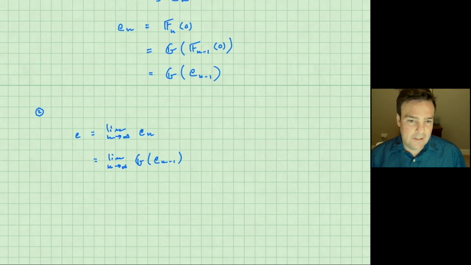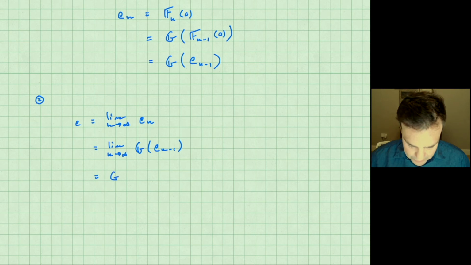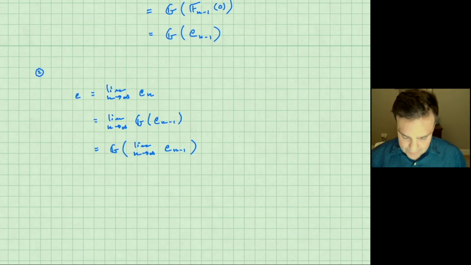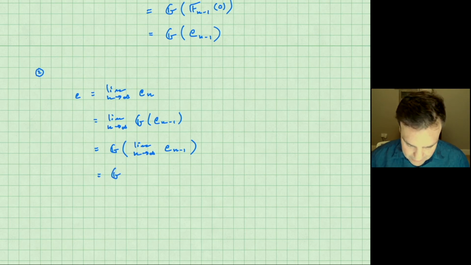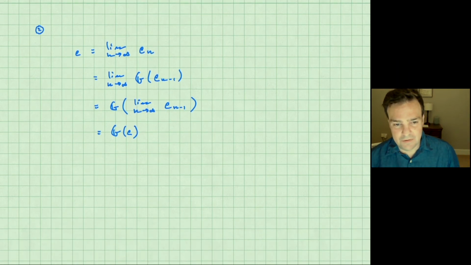Now, because g is a continuous function, this is the same thing as g evaluated at the limit as n goes to infinity of e sub n minus 1. And that's the same thing as e. So that part is straightforward. So e is equal to the PGF of e.